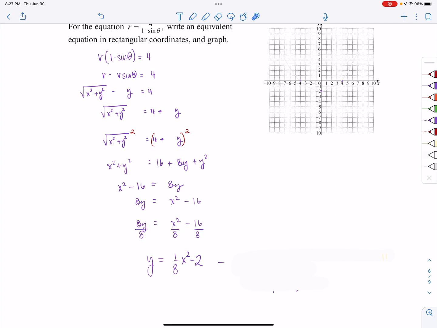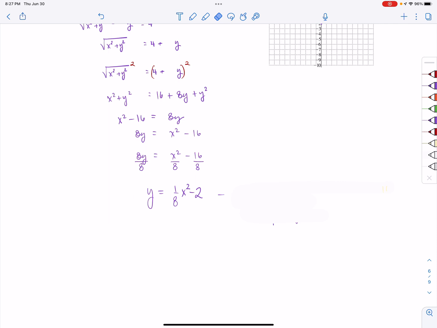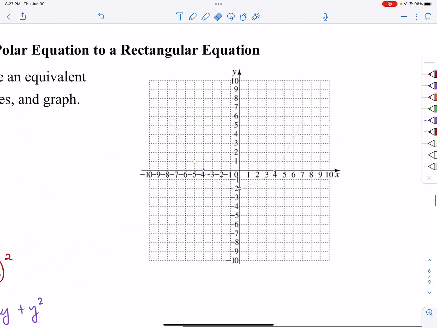But just as a review, when I see this right here, this is nothing more than a parabola. In fact, we would have learned how to graph these even in previous classes, as well as in our very first chapter in this class. So when I see this, my brain just says, oh, well, this is a parabola that's shifted down 2 units, and it has a vertical compression of 1/8.